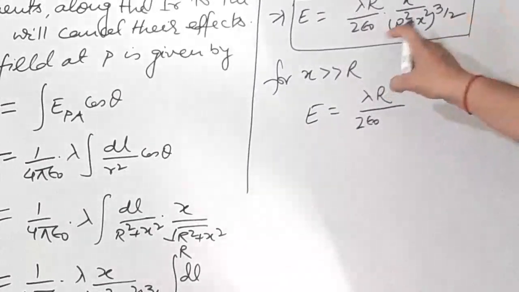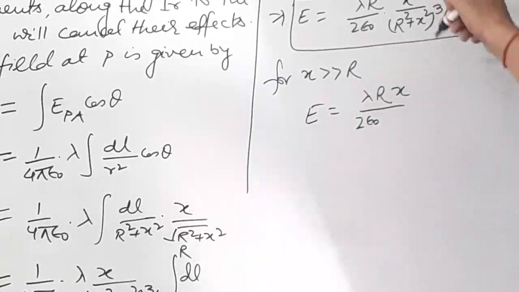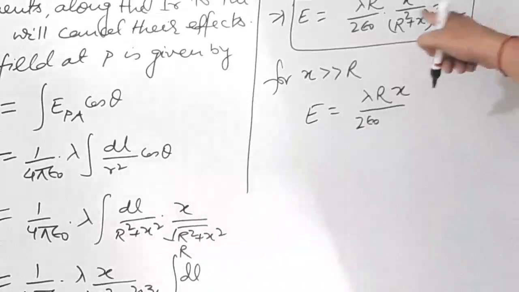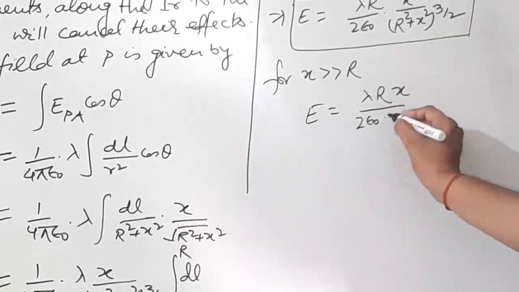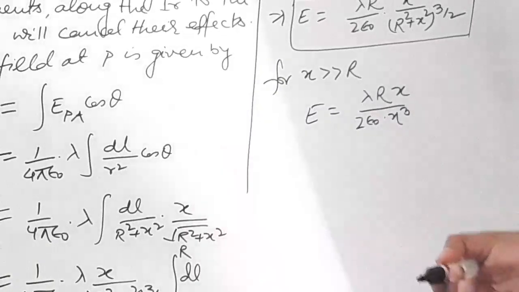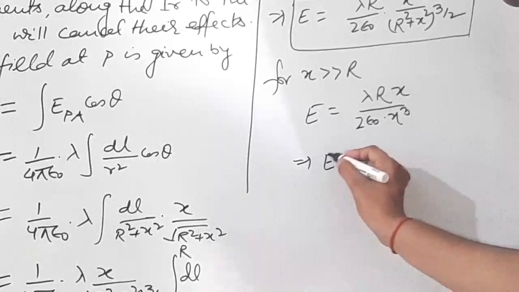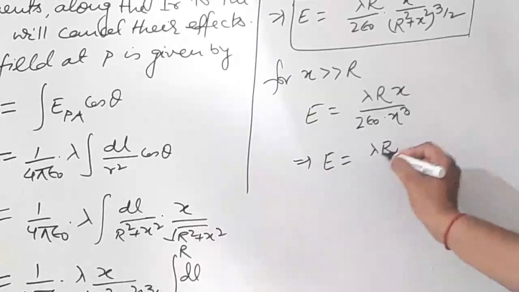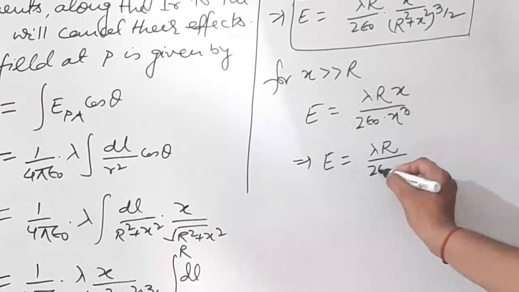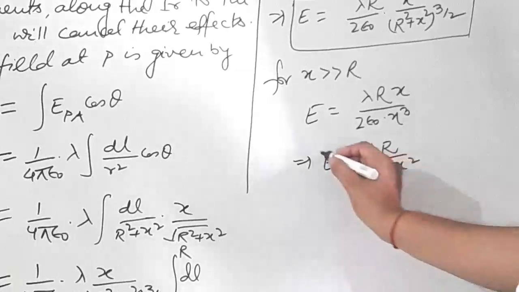You see r will be neglected, x square will become x square power 3 by 2, 2 cancel, it will be x cube. So this will become E is equal to lambda r by 2 epsilon naught x squared. This is the expression.